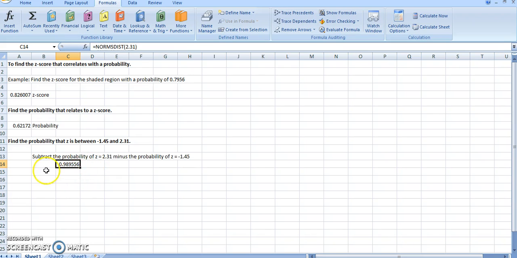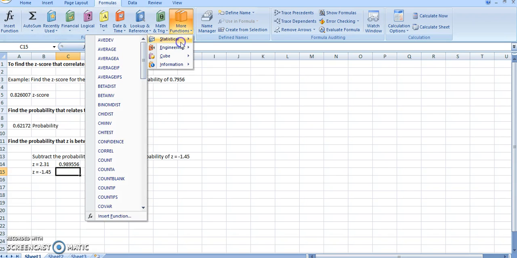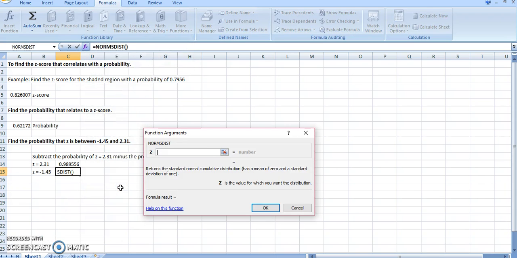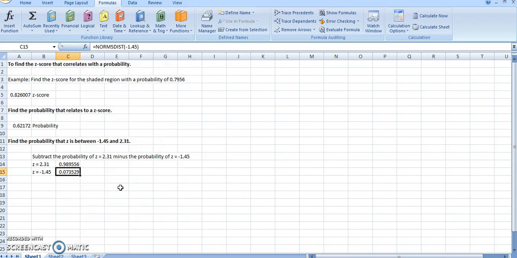And then now we want the z equal to negative 1.45. And then to find that, you just hit equals this number minus this cell, and this would be your final answer.